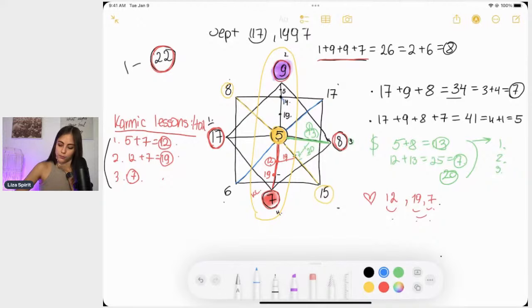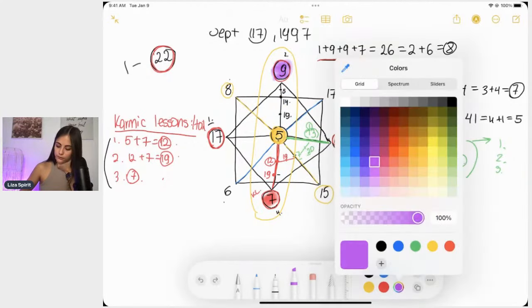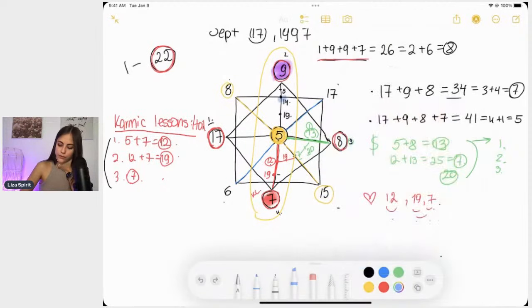Let's do it in blue for now. I don't really have a lot of options here. So the 14th would be your talents. That's how we can express ourselves, to show ourselves. That would be your throat chakra. And then 5, that would be your third eye chakra. And the 9th, it's your top chakra.